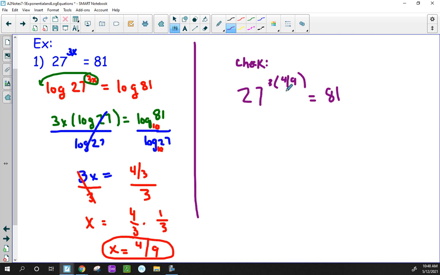You're going to get 12 ninths. Then you're going to say 27 to the 4/3 power, which was the answer to the previous question. And just to double check, when you type all of this in your calculator, you will end up getting 81 back, and 81 of course is equal to itself. So that's showing me that this is the correct answer.